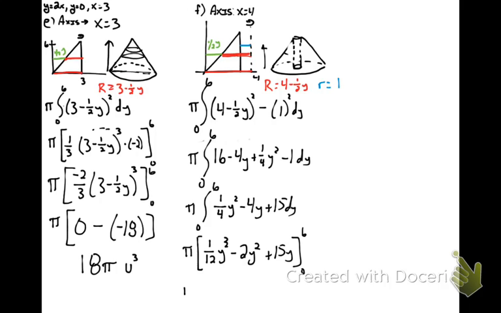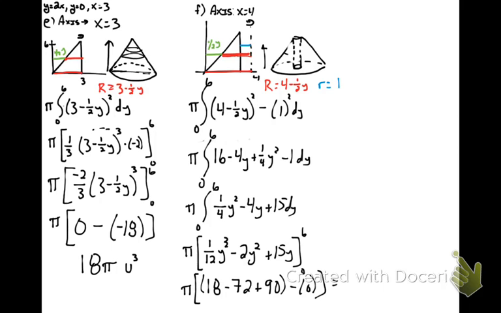Now it's time to substitute in our upper limit of integration, which is 6. So that will be, what's that? 36 divided by 2, 18, minus 72 plus 90, minus, when we substitute in 0, we get 0.